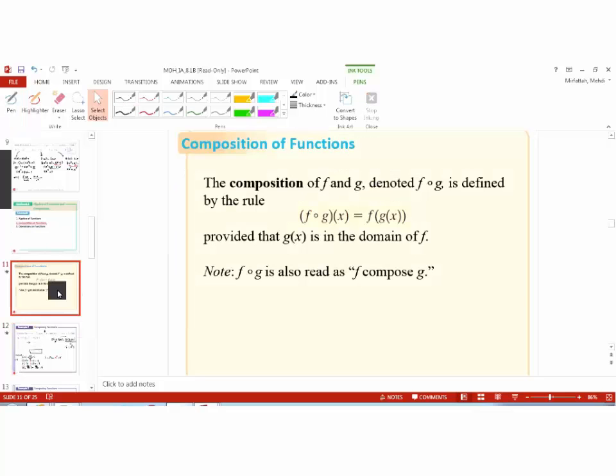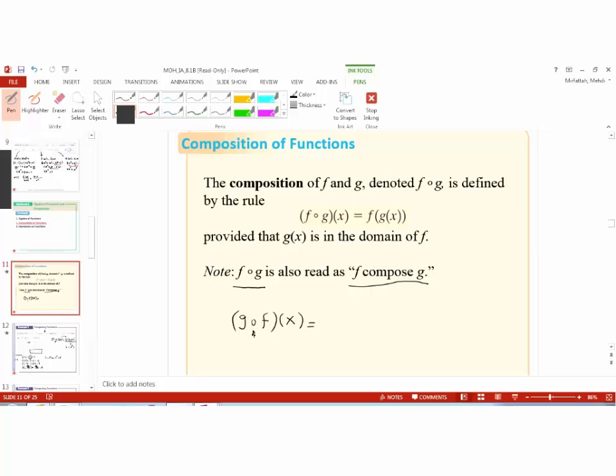Okay, so they read that as the symbol here, f compose g. You could say g compose f. If I say g, this is Jared, what's compose f? What does compose mean?